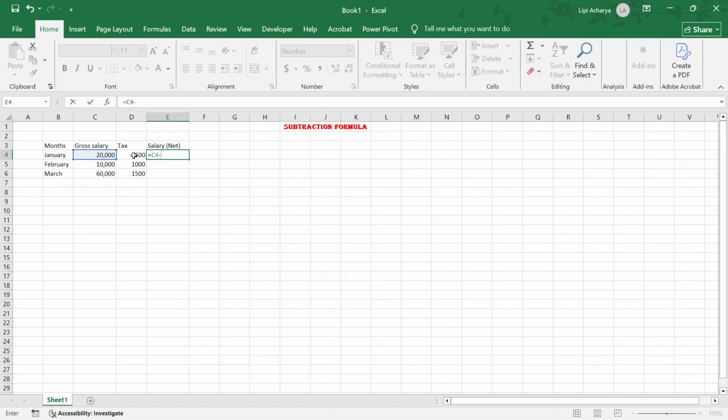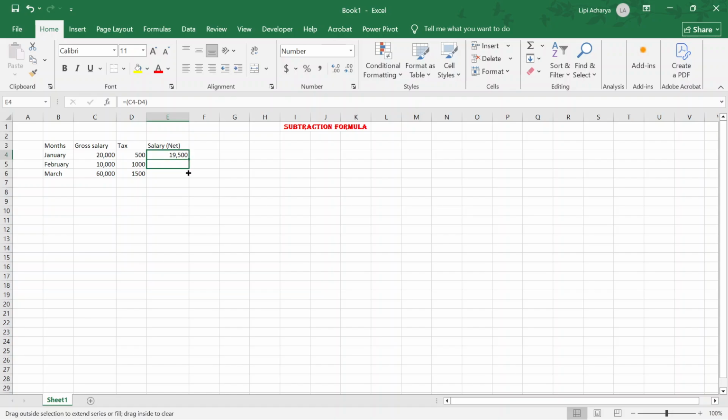Then I took the first tax cell. Before that I have to give the bracket, and D4. After that I close the bracket, and simply press the enter button. Now the answer has come.